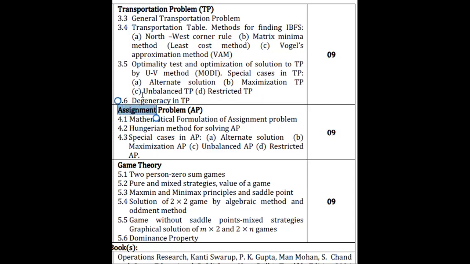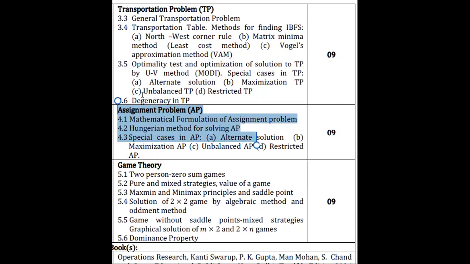Then chapter 4 is assignment problem. Mathematical formulation of assignment problem. Then there is a method of solving assignment problem known as Hungarian technique or Hungarian method. Now, special cases, again, we can have alternate solution.